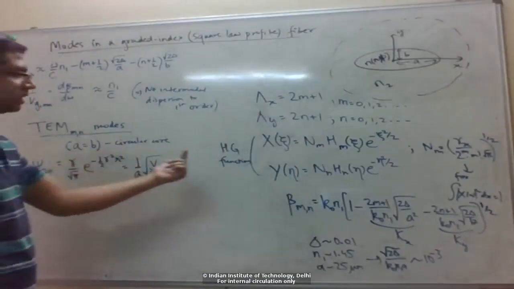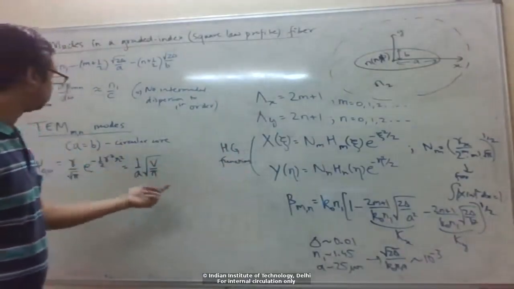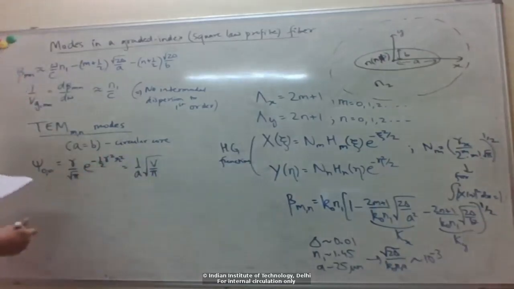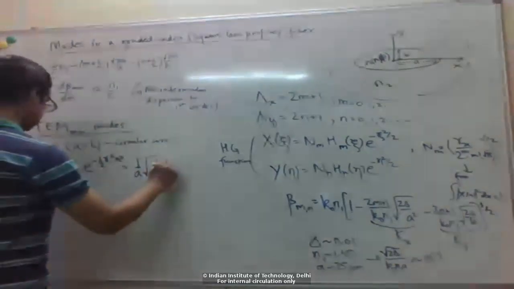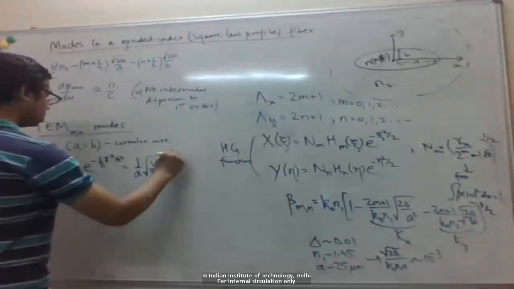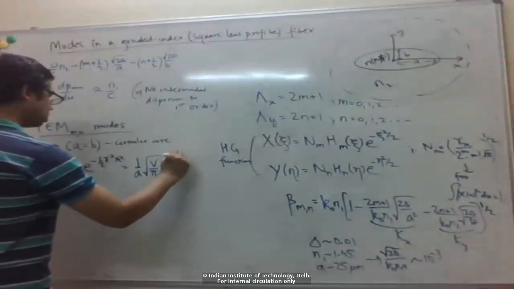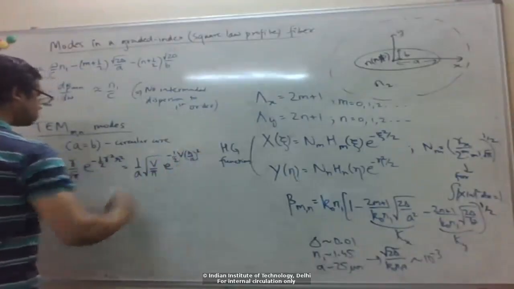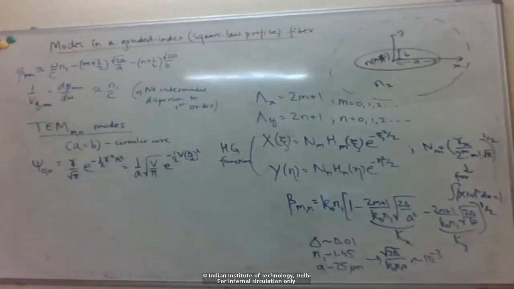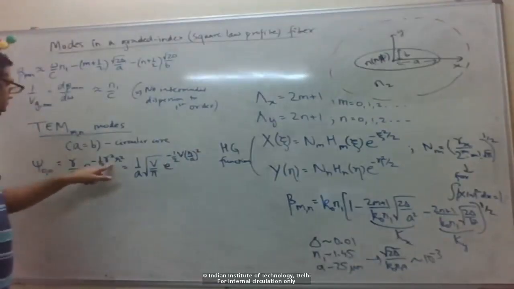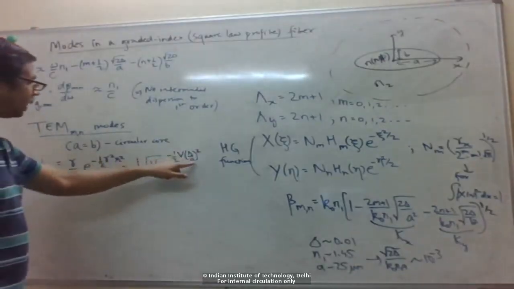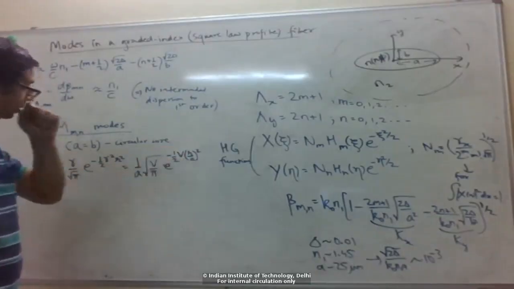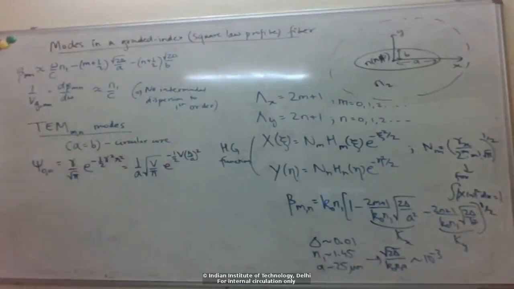For a equal to b, Vx and Vy are both the same, so we denote that by V. It's a Gaussian in the radial coordinate, and the spot size depends on the V number.